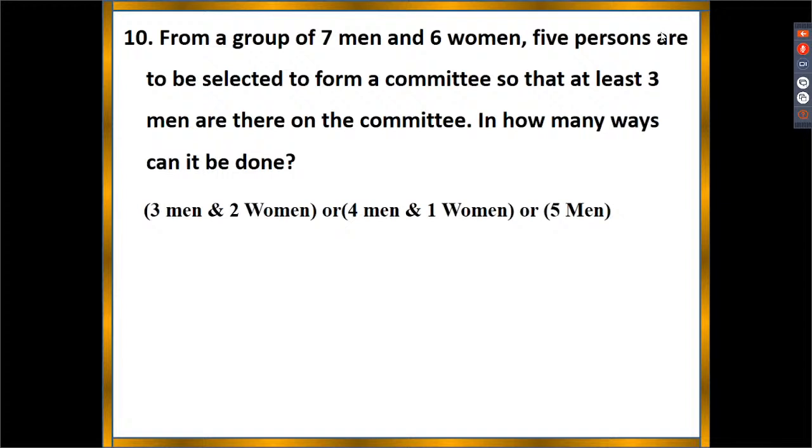You have to try it, no problem. So 3 men: 7C3 into 6C2, or plus 7C4 into 6C1, or plus again 7C5. So this is a repeated question continuously.